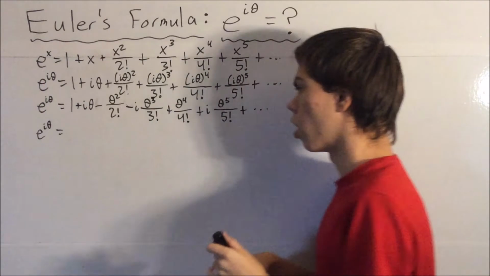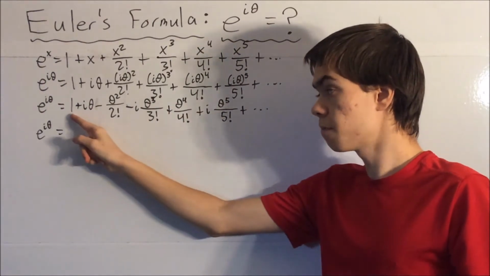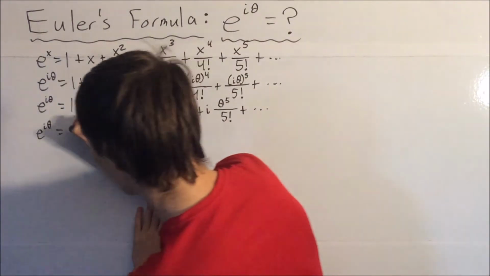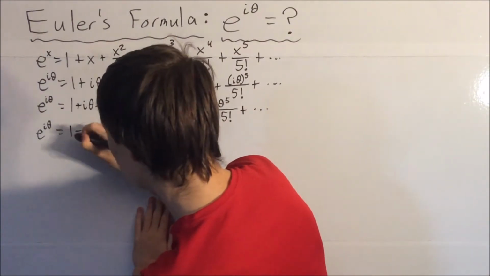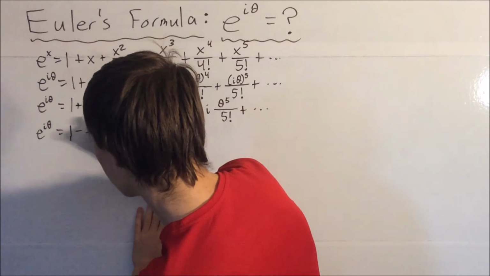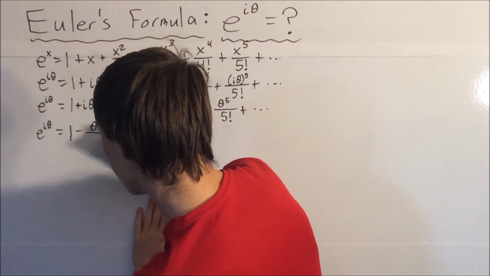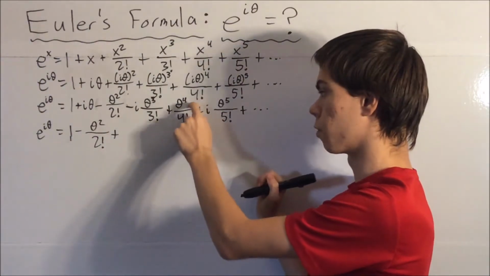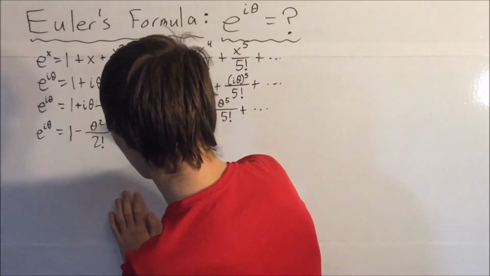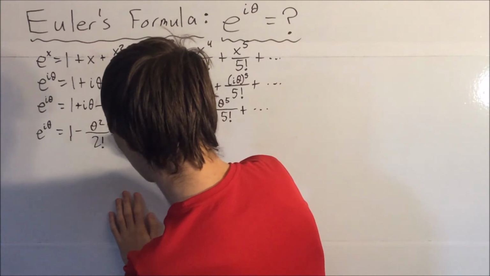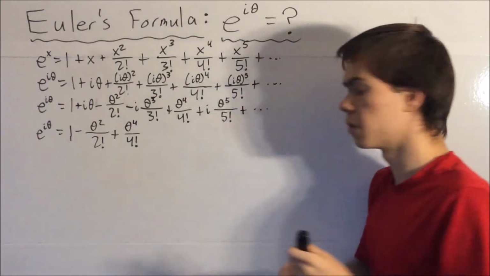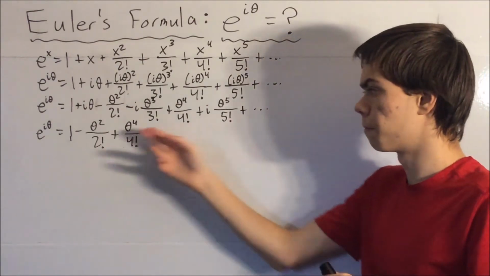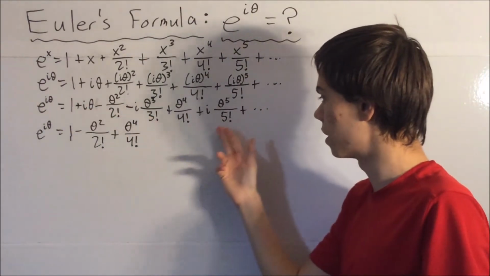Well, our real components would be this term, and this term. So we have 1 minus theta squared over 2 factorial plus theta to the 4th over 4 factorial, right? And so these would be our real components. Now for our imaginary components, we have this, and this.